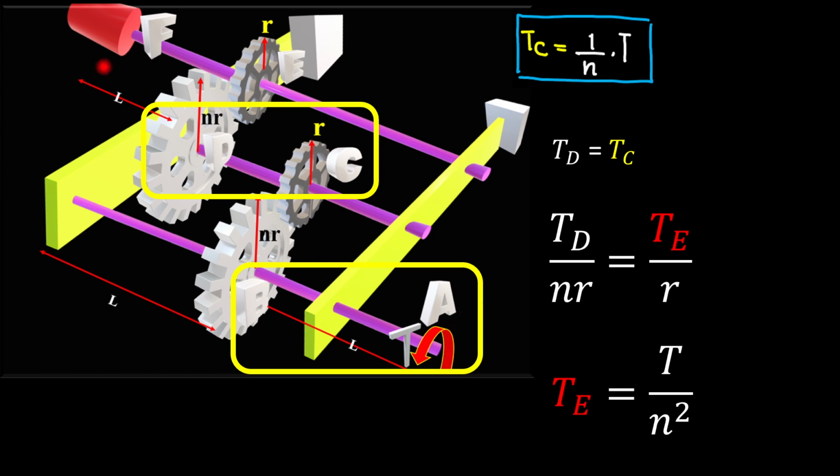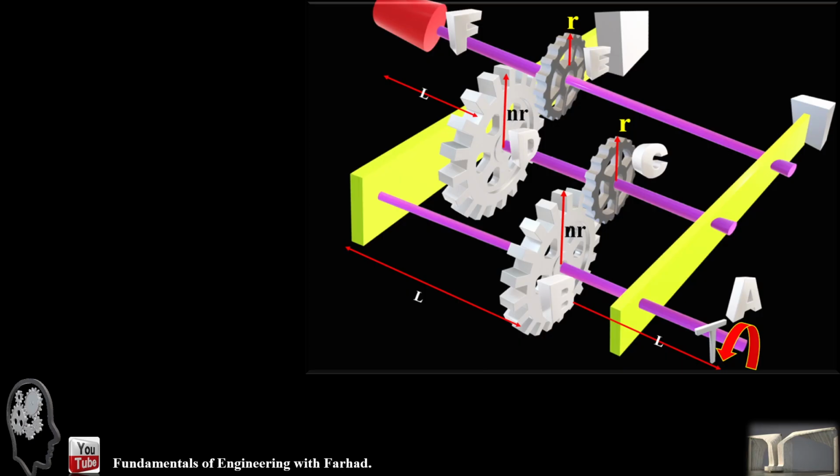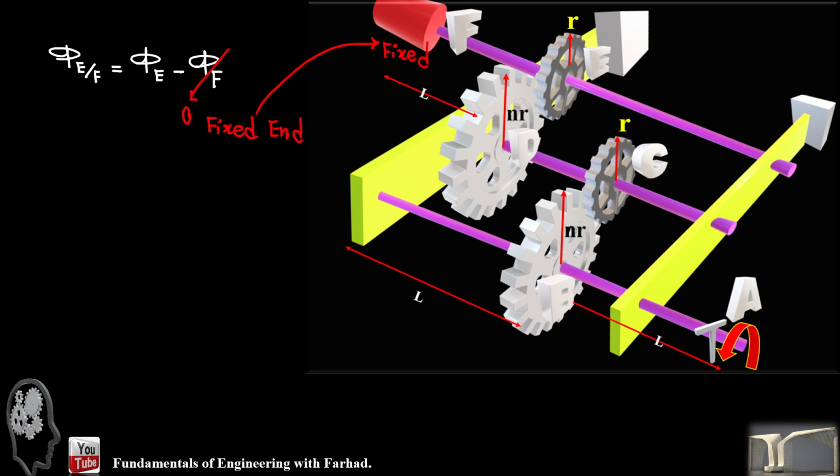Now let's jump to the fixed end and get the relation between the angle of twist. To do so, we are starting from the coder, which is fixed at F, and phi E over F, the angle of twist of E with respect to F, is equal to phi E minus phi F. And because of the fixed end, we do know that phi F is equal to 0. Then phi E is T sub E times the length of the shaft, which is here, over GJ.